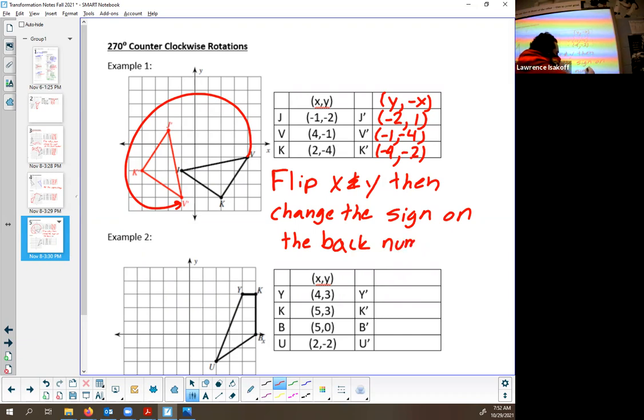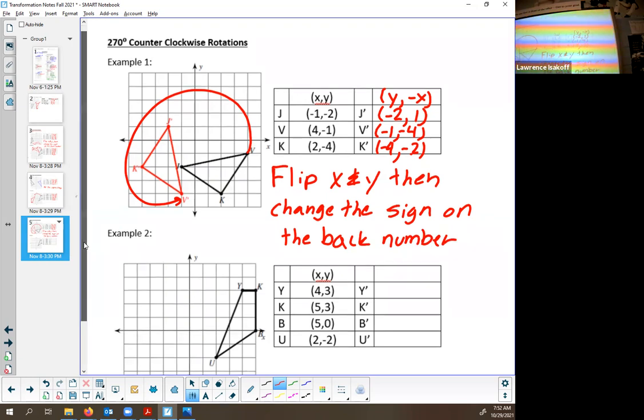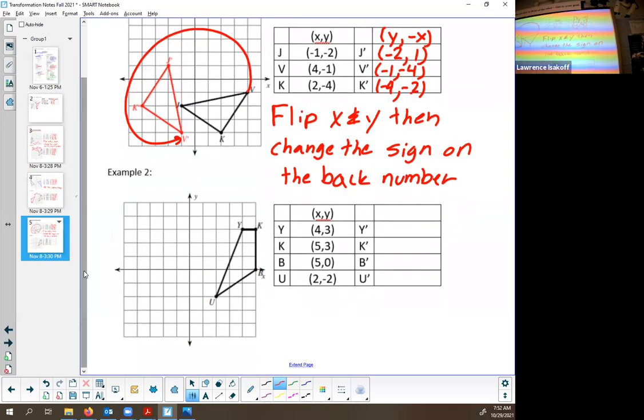Whatever ends up in the back after you flip, that's the sign that needs to change. So again, my rules for these are super consistent every single time. So I know for this, I'm doing a 270-degree rotation. That's Y, -X.